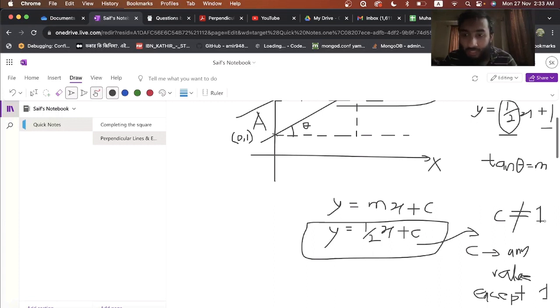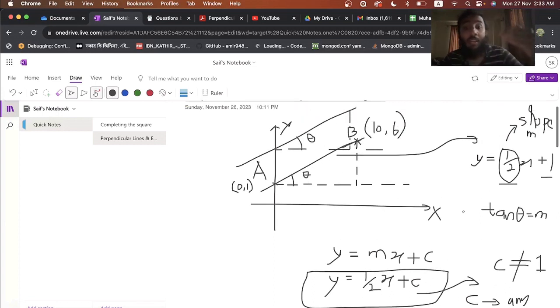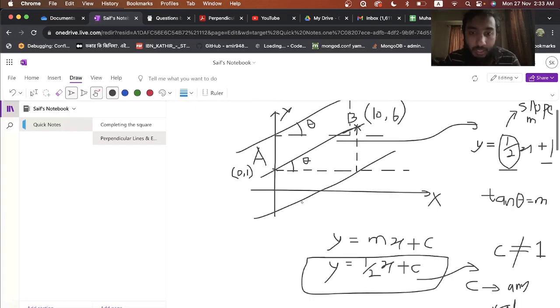It can be any value except 1 because I need to have another straight line that can be parallel. It can be another parallel line like something like this, etc., which also has the same slope theta.